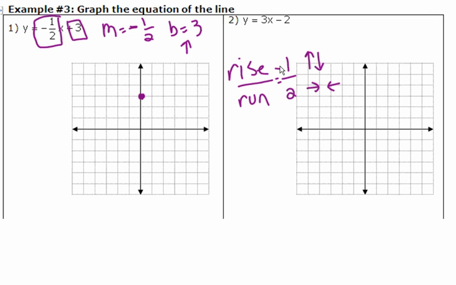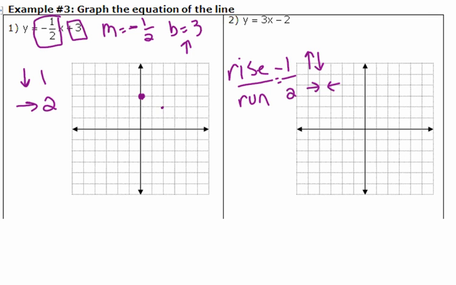In this case, since my rise is negative 1, I'm going to go down 1. Since my run is a positive 2, I'm going to go to the right 2. So from the y-intercept that I started with, I'm going to go down 1 and over 2 to the right.